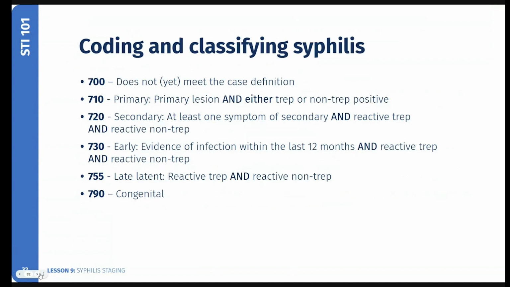Now let's put together everything we have learned so far about disease codes, case classification, and staging. 700 is an initial disease code used to describe a case that has either been ruled out or that is still under investigation. For example, if we receive a reactive RPR and a non-reactive TPPA on a case, we would initiate a syphilis field record and assign the disease code 700 while it is being investigated.